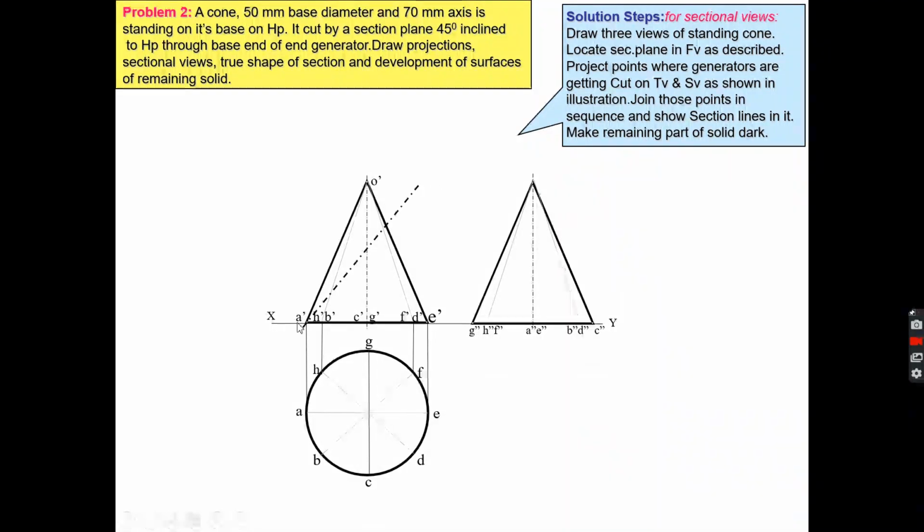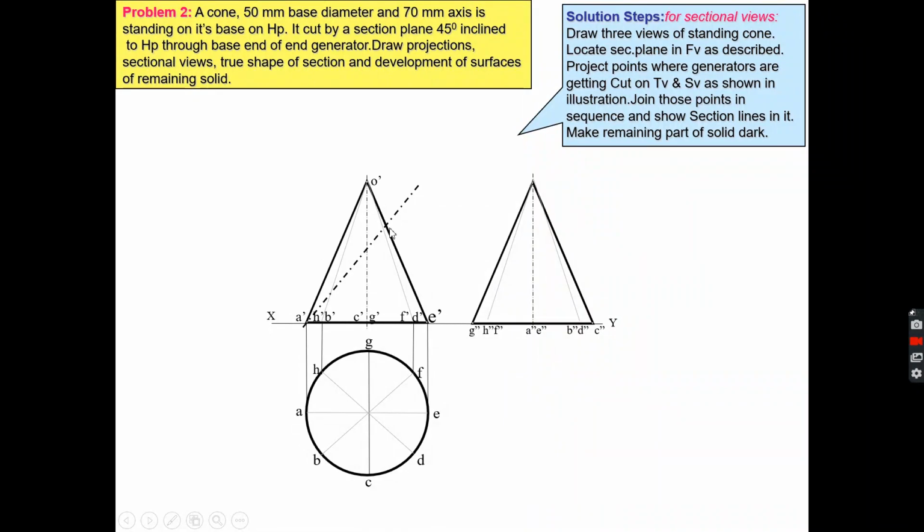So when you cut this section, you can see how it is cutting the cone at point A, then this generator at this point, and again on these generators O dash, C dash, G dash at this point, again the other generators O dash, F dash and O dash, D dash at this point, and O dash, E dash at this point.